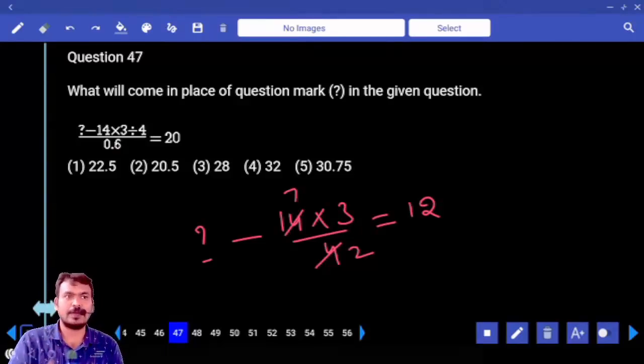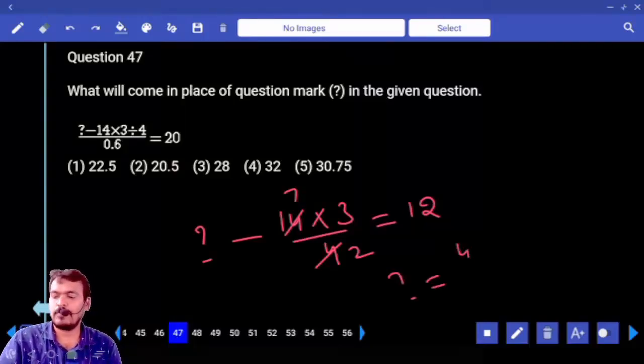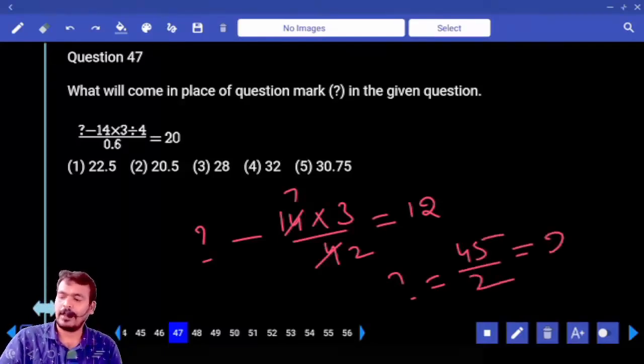Minus 21 by 2 will become plus 21 by 2. 12 into 2, 24 plus 21, 45 by 2 means 45 by 2, 22.5.